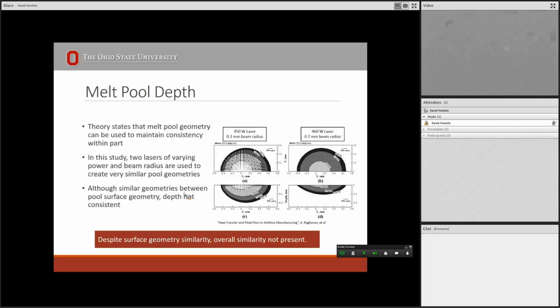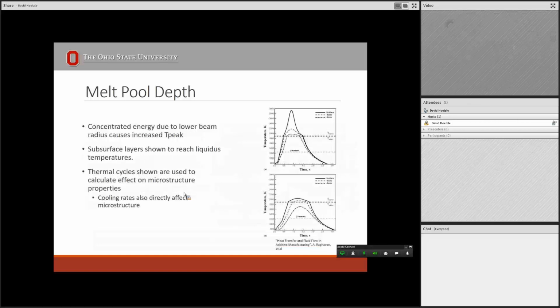So at that location, your temperature, which is this next plot here, your highest temperature right there in the middle, or right behind the laser, gets a lot hotter. That power is so concentrated. It gets up to 2,900 degrees, and even the layers below feel that heat, and they get a lot hotter too. So with the smaller radius, you're able to get that heat down into the sublayers quicker, and heats them all up to create a larger melt pool.